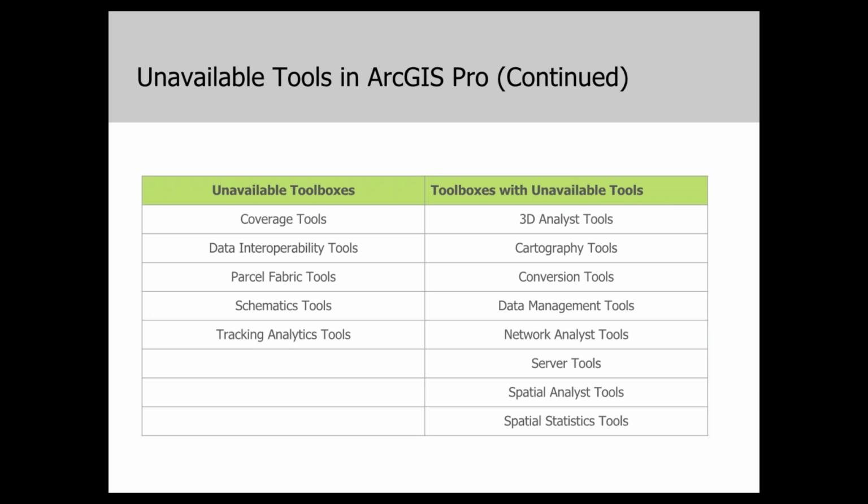And then data management tools, that's where you find a lot of the topology stuff that I mentioned one slide earlier. And also setting up replication for SDE, which obviously is a more sophisticated, advanced piece of functionality that will be brought into ArcGIS Pro very soon. So important to know these things before you completely dive in.